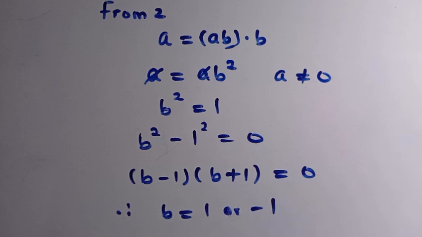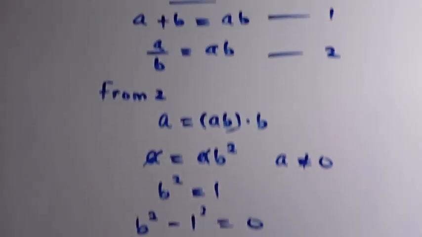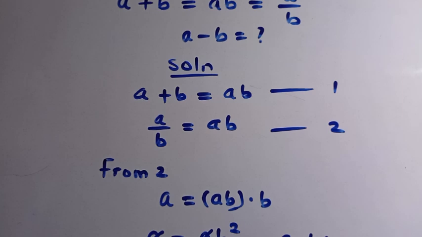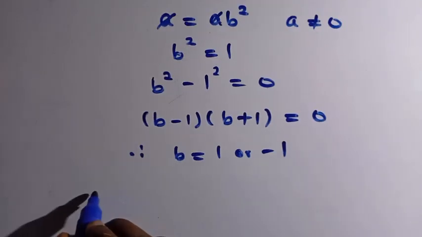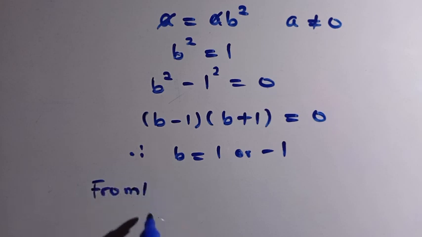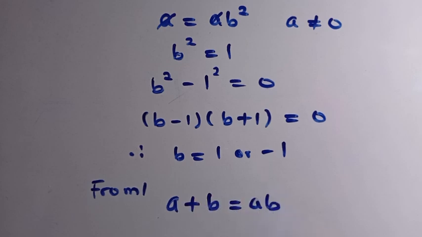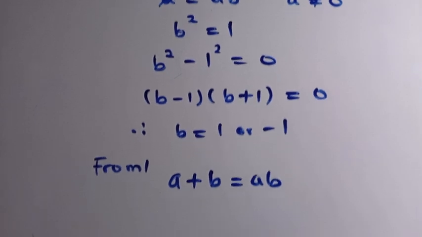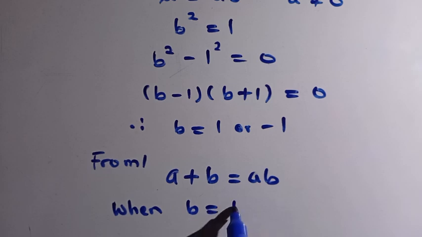So if b equals 1 and b equals minus 1, then let's recall equation 1, which says a plus b equals ab. Let's test, say, when our b equals 1.